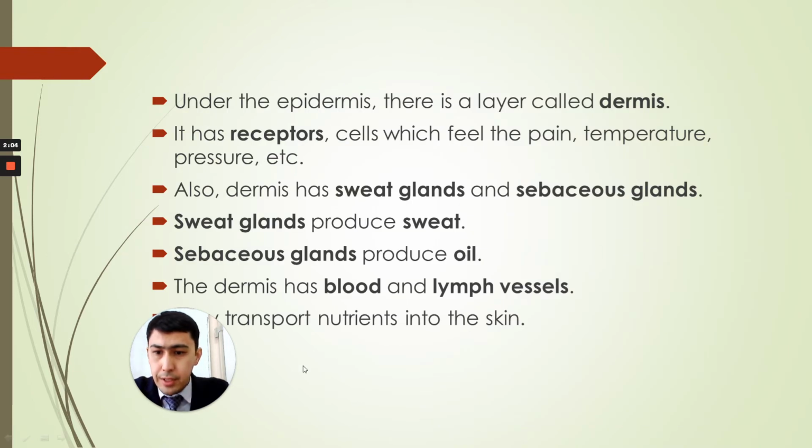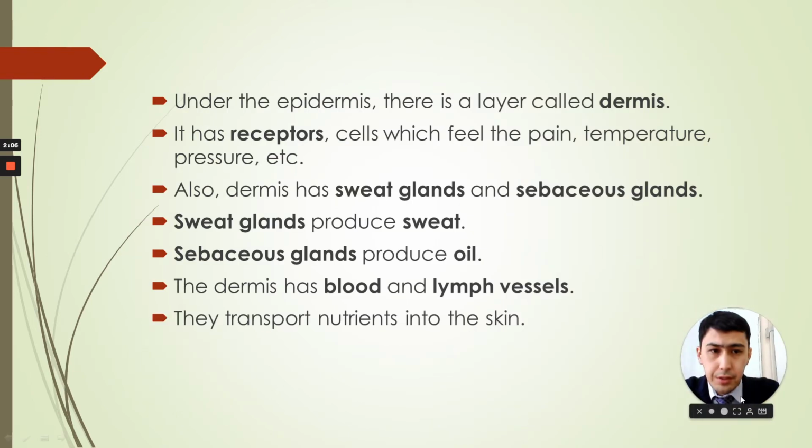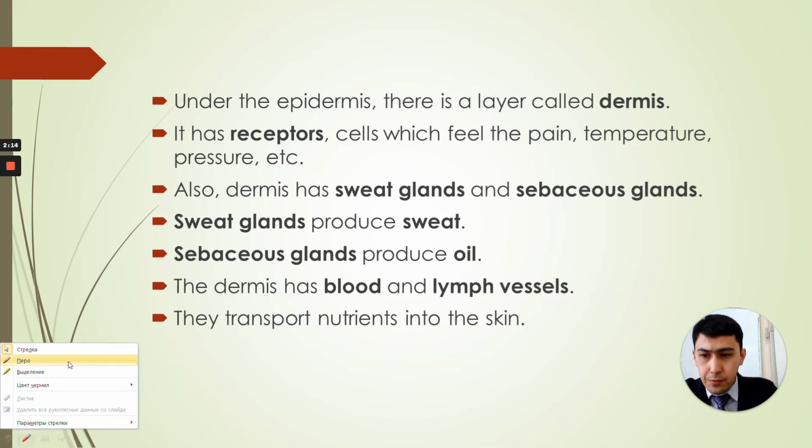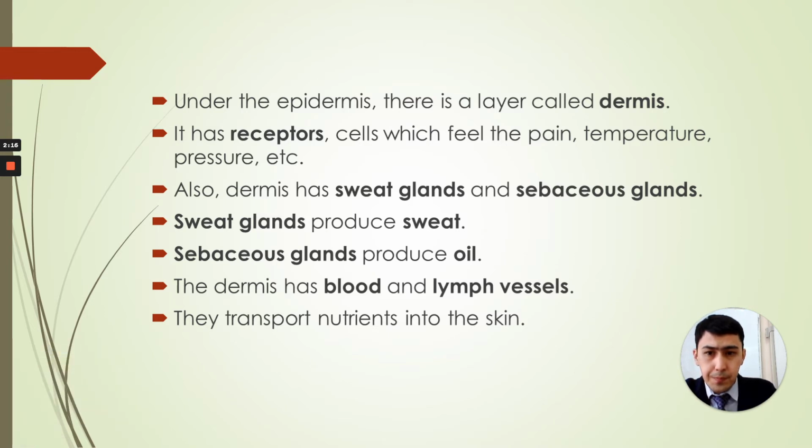Now we move to the next layer. It's the dermis layer. It's the middle layer, and it has a lot of functions. First of all, it contains receptors. Receptors may feel the pain, the temperature, the pressure.